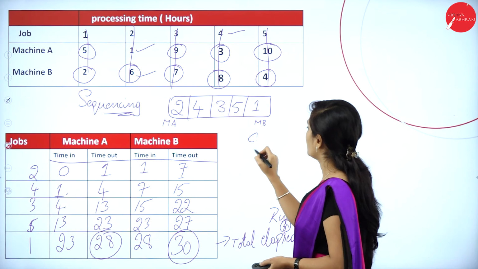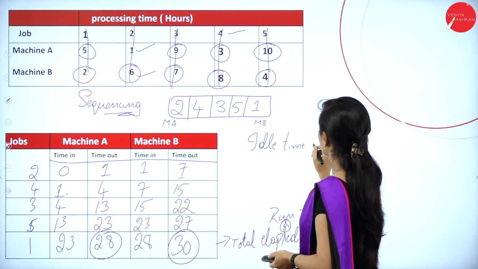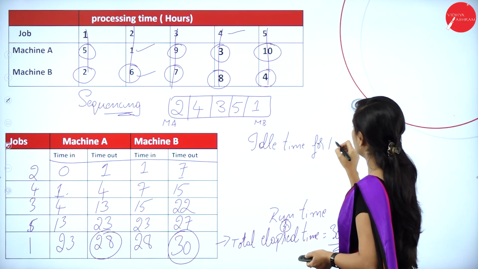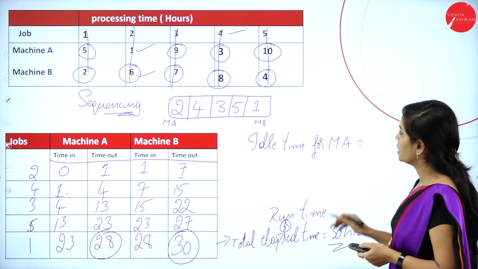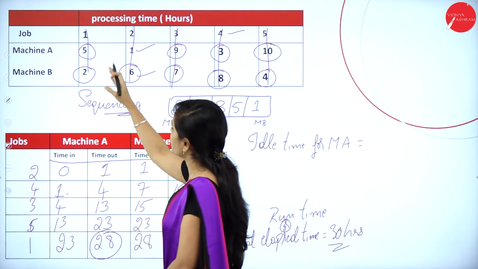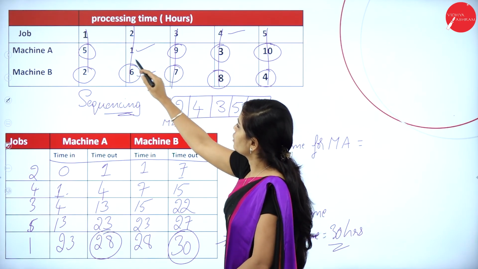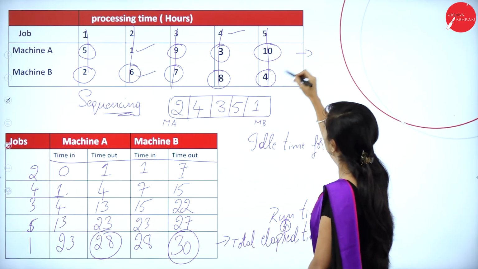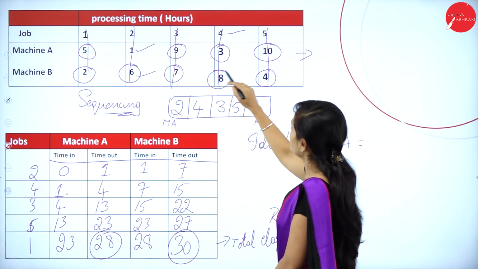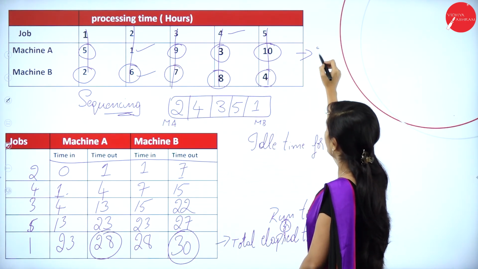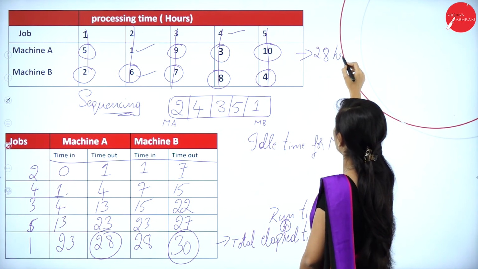So now idle time for machine A is equal to, how to find the idle time? So here you have processing time for each machine A and machine B. You just add all the processing time here. So 5 plus 1, 6, 6 plus 9 is 15, 18 and 28. 28 hours for machine M1.